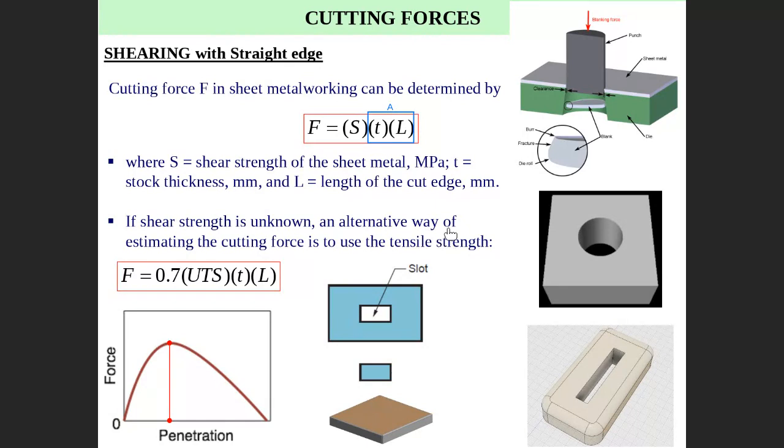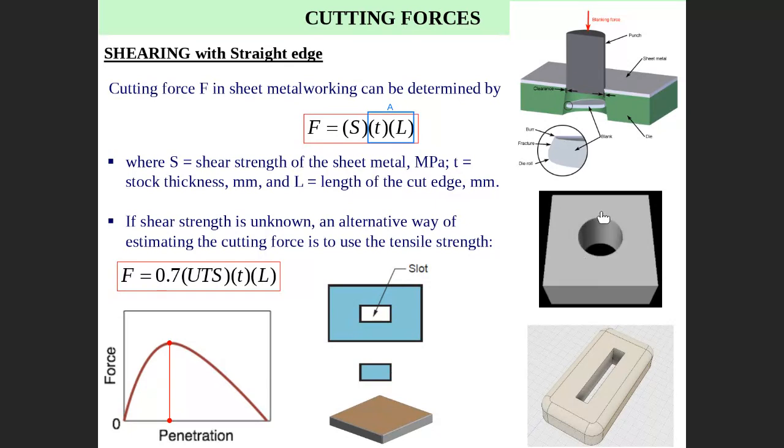Please give me your attention, guys. If you punch here to create a hole, what is the punch force? The punch force equals shear stress multiplied by shear area. What is the shear area? It equals thickness multiplied by L, because here you punch through the thickness.